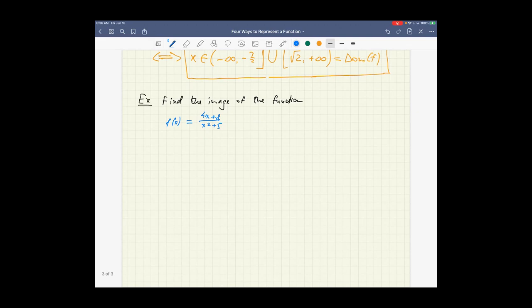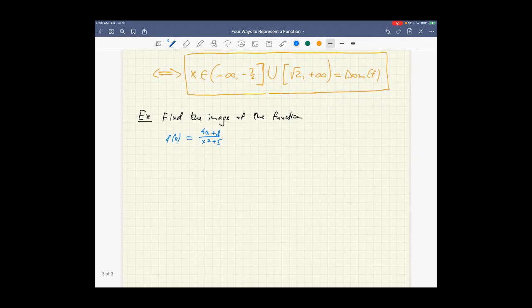Well, first of all, we clearly notice that the domain of the function is the entire real line because the denominator is never 0. x squared plus 5 is never 0. Domain of f is the entire real line since x squared plus 5 is not 0 for any real x.